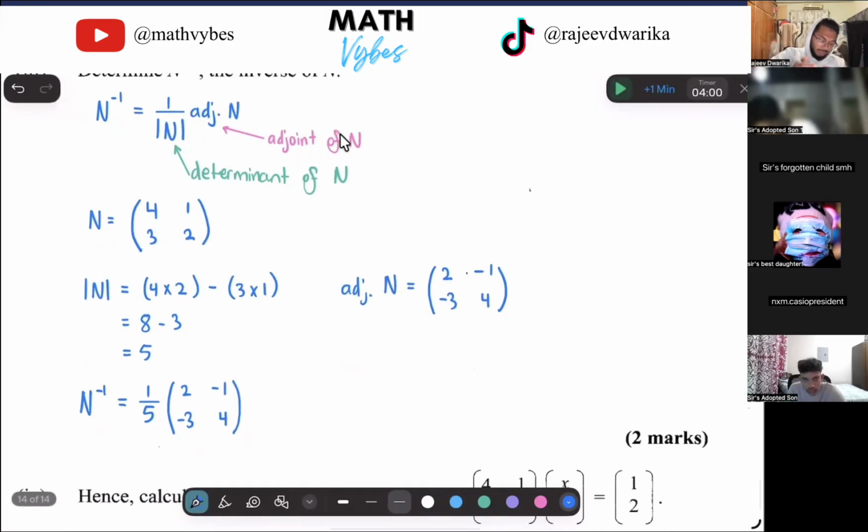Right? And if you want to complete this, you need to multiply everything on the inside by 1 over 5. Right, so it'll be 2 over 5, negative 1 over 5, negative 3 over 5, 4 over 5. Light work, right?